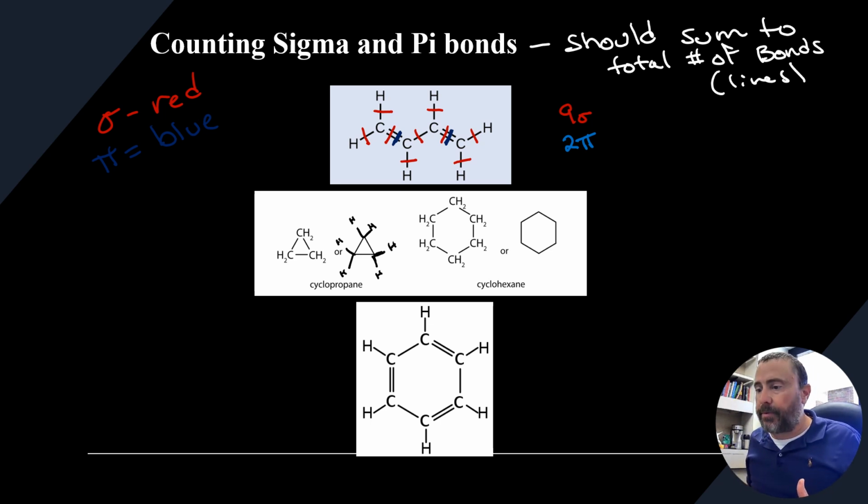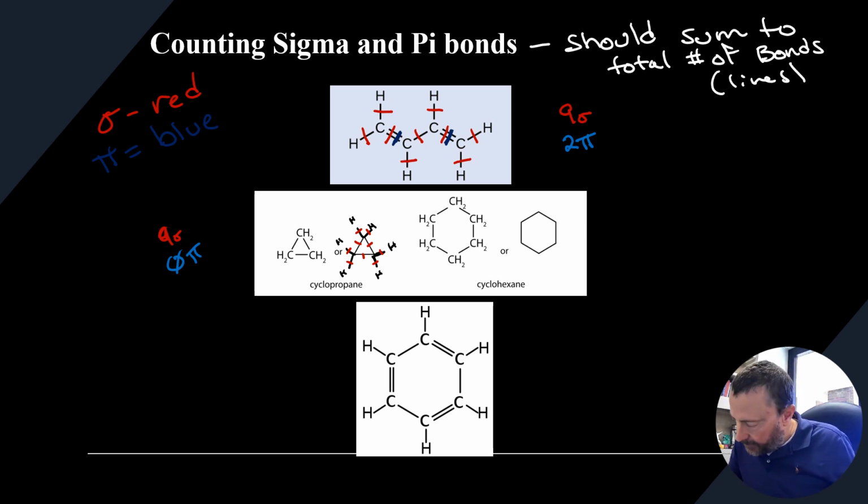So our cyclopropane there has 1, 2, 3, 4, 5, 6, 7, 8, 9, and 0 pi's.